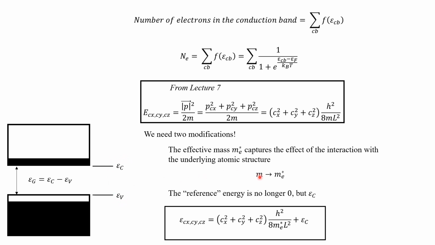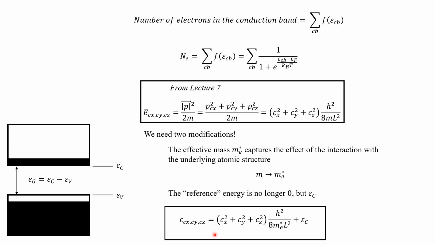Okay, so using these two modifications, we replace the mass with the effective mass. And we take into account that our new reference energy is no longer zero, but epsilon c. So this gives the low energy reference of the system.